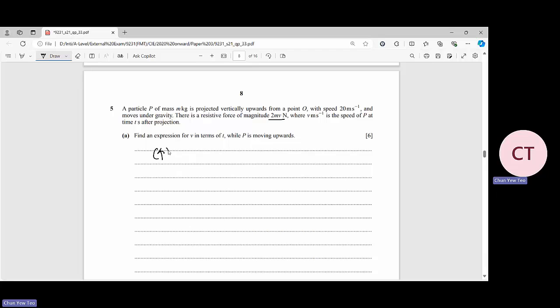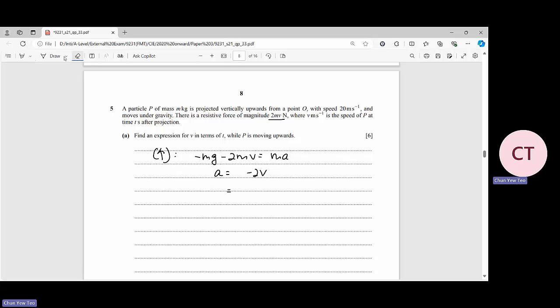So while P is moving upward, you have the negative mg with the 2mv equal to ma. Then you can cancel all the m, then you get this. Over here, they didn't mention that they want the answer in terms of g, so I think we can change the g to 10.